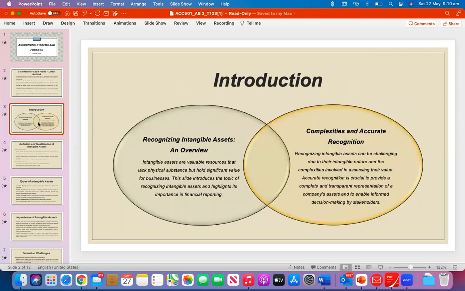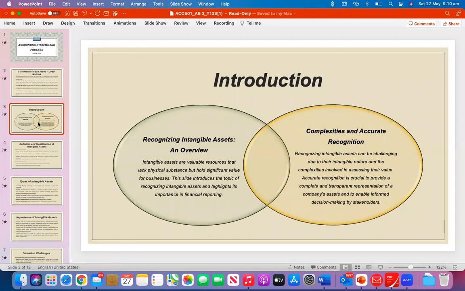Now we are going to talk about an overview of recognizing intangible assets. Intangible assets are valuable resources that lack physical substance but hold significant value for businesses. This slide introduces the topic of recognizing intangible assets and highlights its importance in financial reporting.